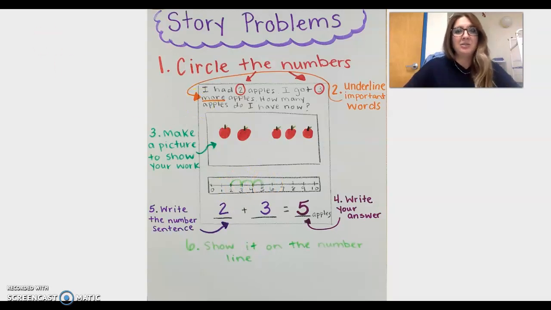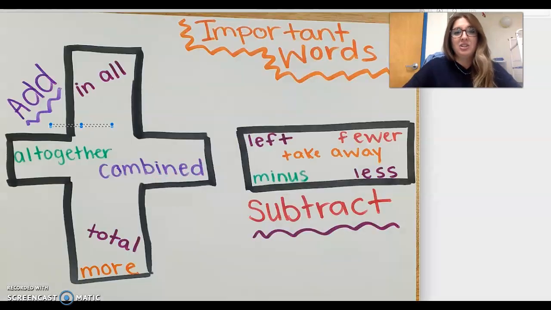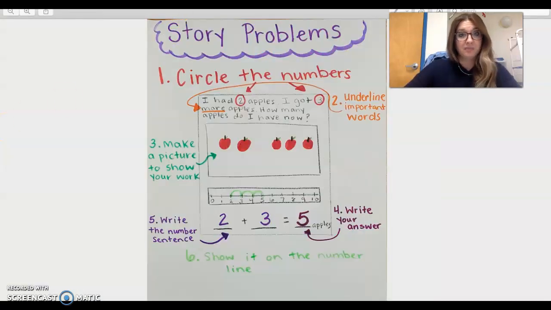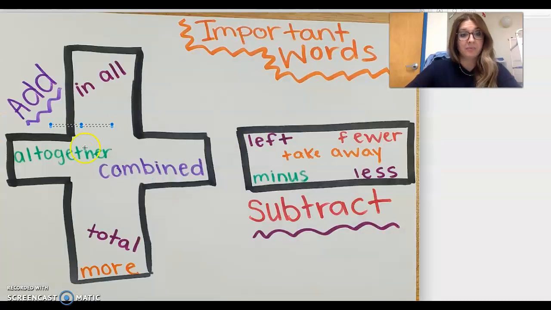Now I told you that we were going to look at some important words. These important words are very important because they tell us what to do. They tell us to add or subtract. So we know to add when we see words like more, which we just saw.